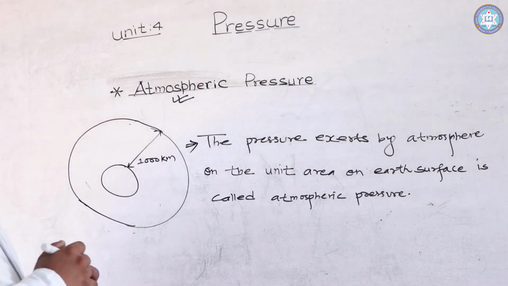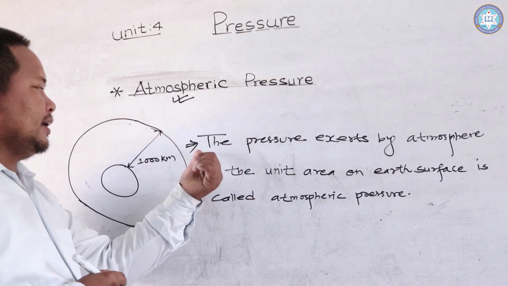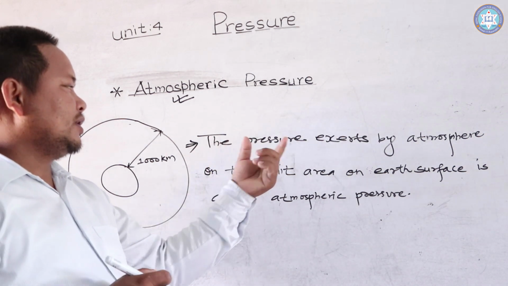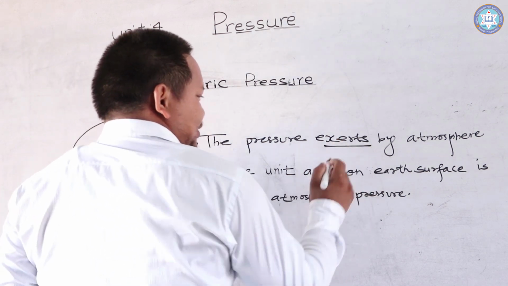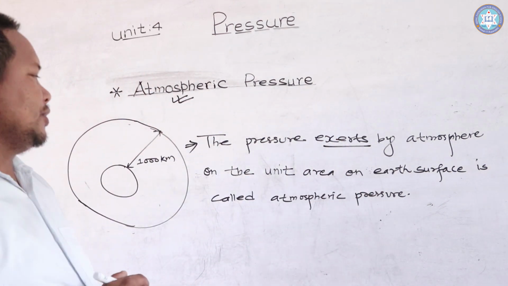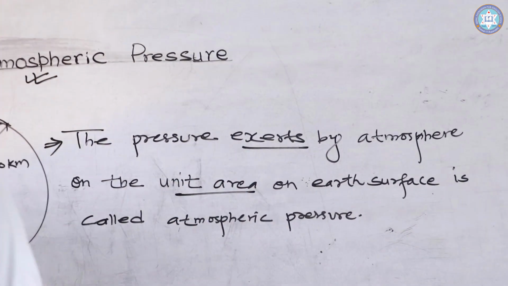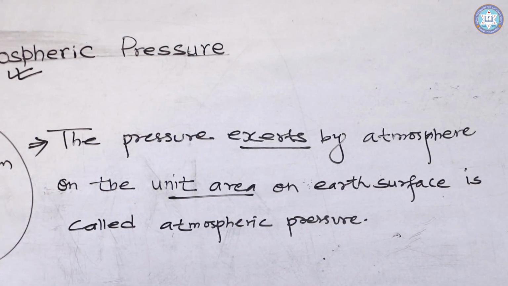We can define the atmospheric pressure in such a way: the pressure that is exerted by the atmosphere on the unit area on the earth surface is called atmospheric pressure.